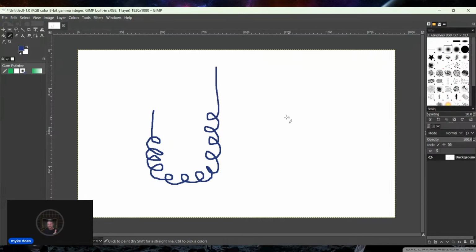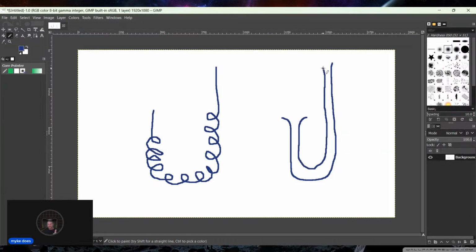And right next to it, I'm going to put another drawing of a pipe shaped the same way.